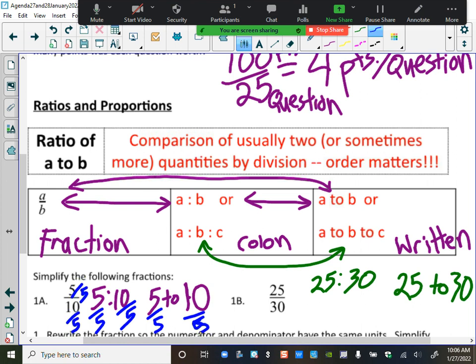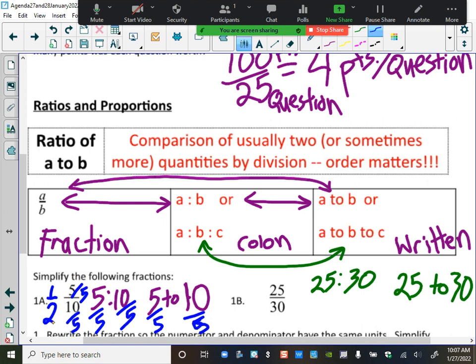If you do 5 divided by 5, that's 1. And then if you do 10 divided by 5, that's 2. So 5 over 10 simplifies down to 1/2.